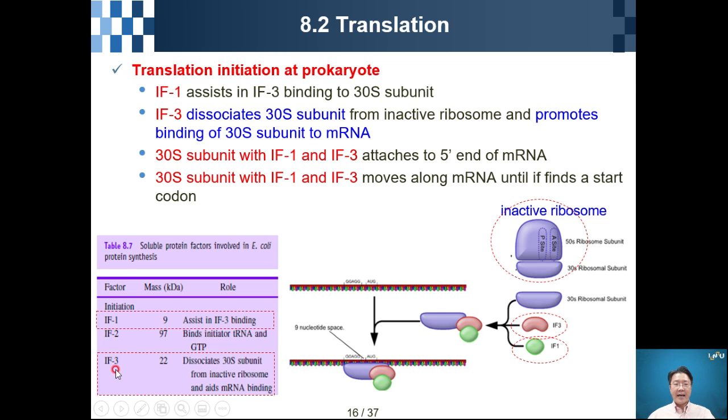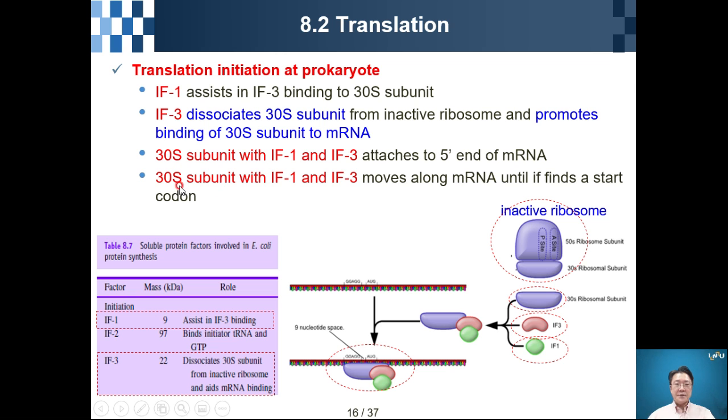Especially, the 30S subunit with IF1 and IF3 is attached to the 5' end of the mRNA.